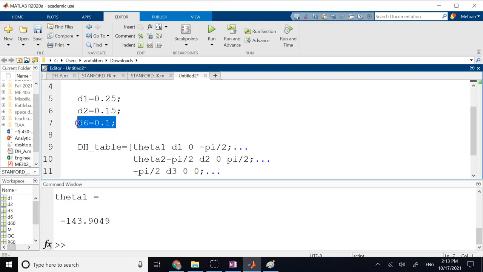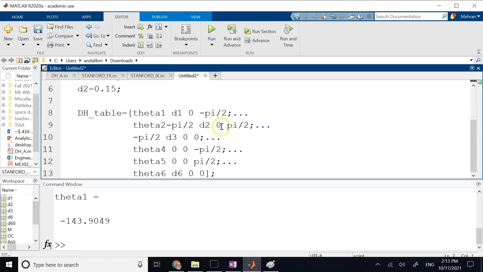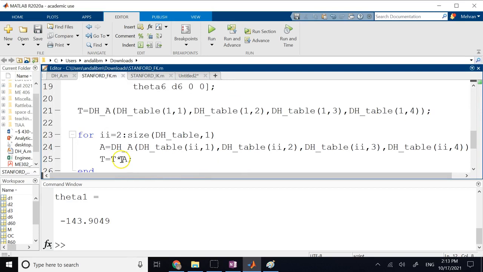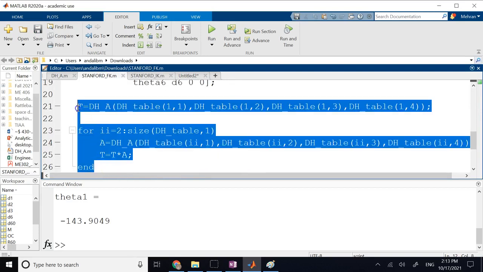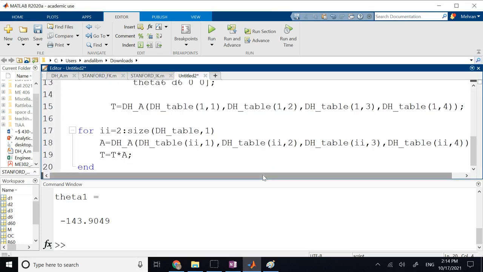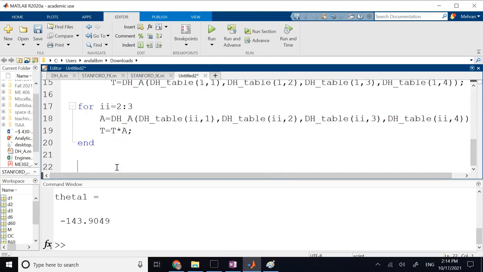I don't even need D6 in this case. The DH table is the same table, and all I need now is to start with matrix number 1 and then multiply 2 and 3 to it. So let's go ahead and do that. This one is now going to go to 3. And then all I need is to simplify T, and I only need the last column, which is rows 1 to 3 and column number 4.